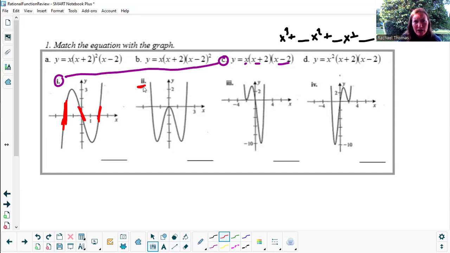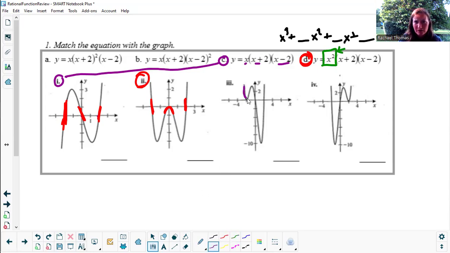If I'm looking at the graph on number 2, I've got something that looks like a line, something that looks like a line. And here at x equals 0, I have something that looks like a parabola. That matches with D. At the factor that gives me a 0 of 0, where x would equal 0, creating a 0, the term says x squared, not just x.